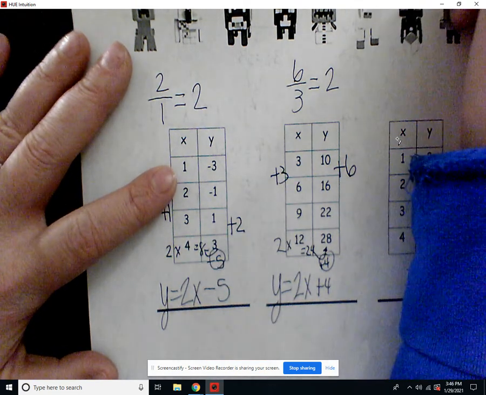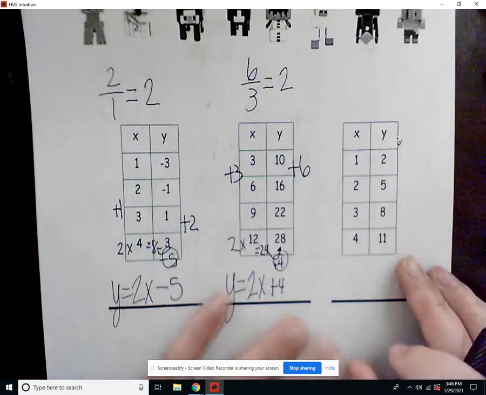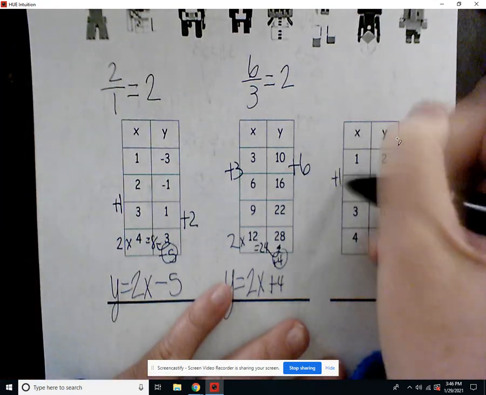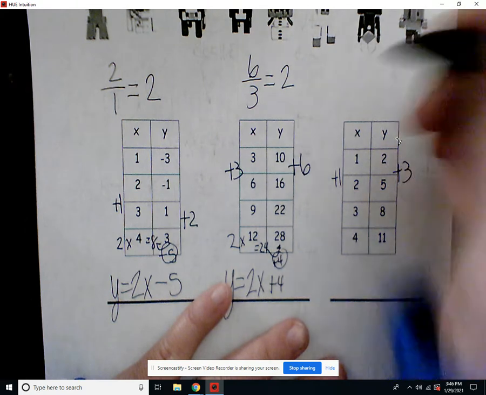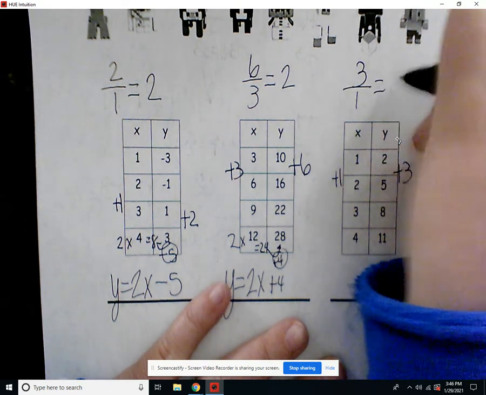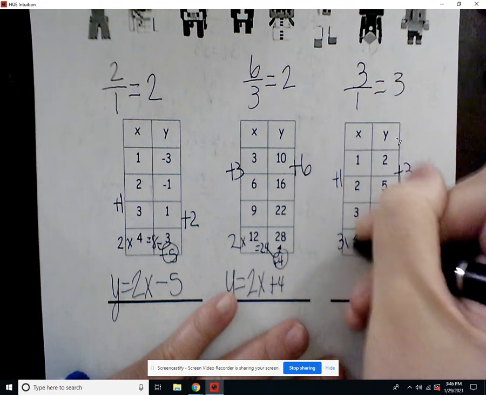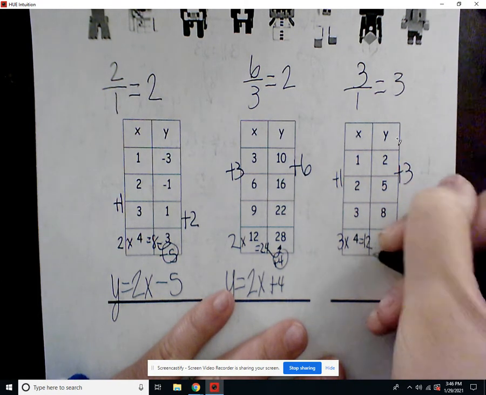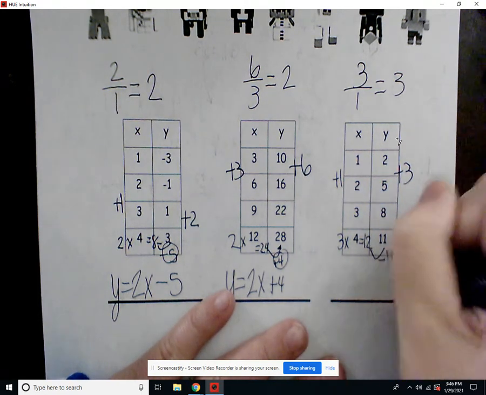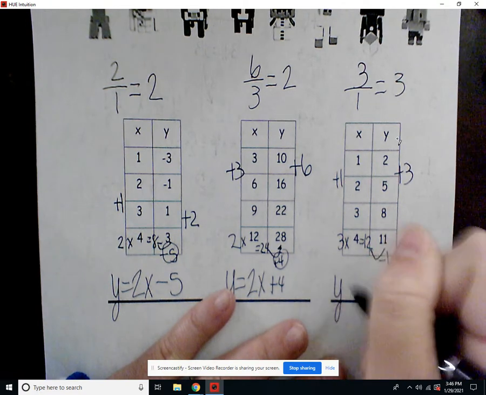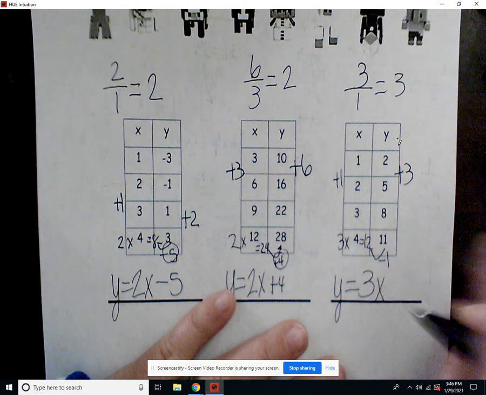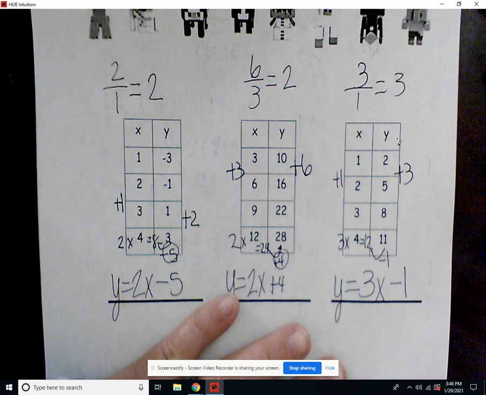And then our last one, our x's we're adding 1s, our y's we're adding 3's. So it's going to be 3 over 1, which is 3. And then again, I'm just picking one at the bottom. So 3 times 4 is 12. How do I get from 12 to 11? Minus 1. So we have y equals 3x minus 1.